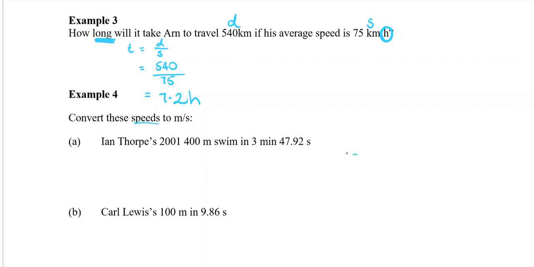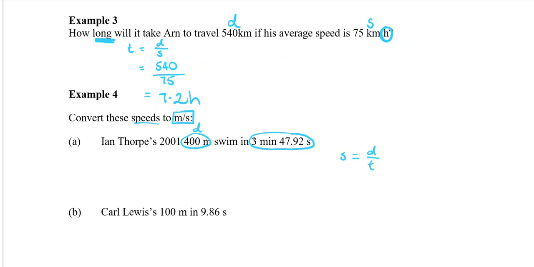Whoops, I wrote that the wrong way around. Let's start that again. Speed is equal to distance over time. The distance that he's travelling is the 400 metres that he's swimming. The time is the 3 minutes and 47.92 seconds, but I need it all to be in seconds because I want an answer in metres and seconds.